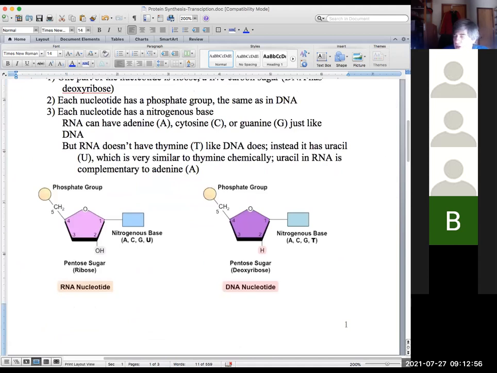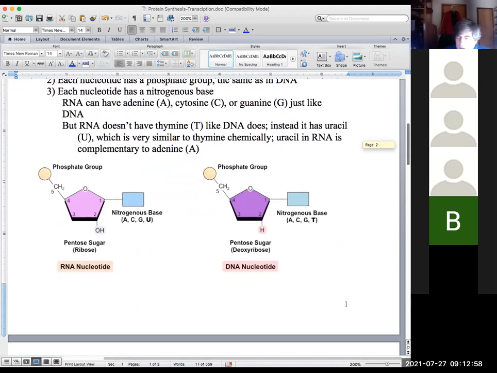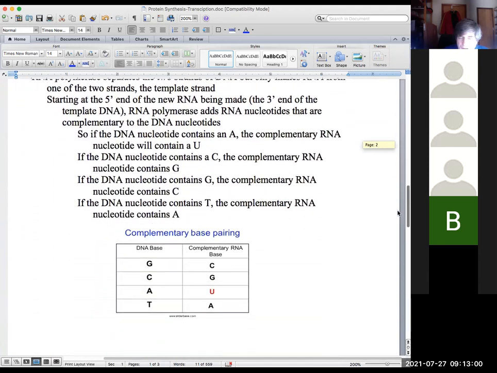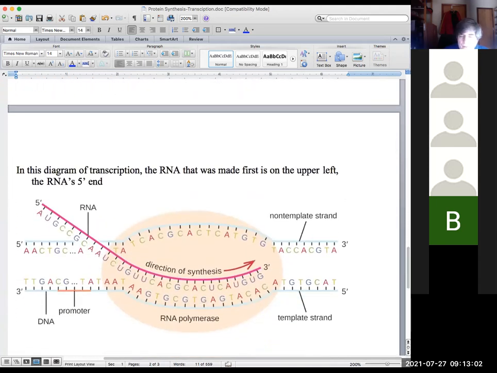And in some ways, transcription is similar to that process we talked about the other day, replication. So let's look at replication. So here's a section of a chromosome. We could be looking inside the nucleus of a eukaryotic cell, or we could be looking inside the nucleoid of a prokaryotic cell, a bacteria cell.